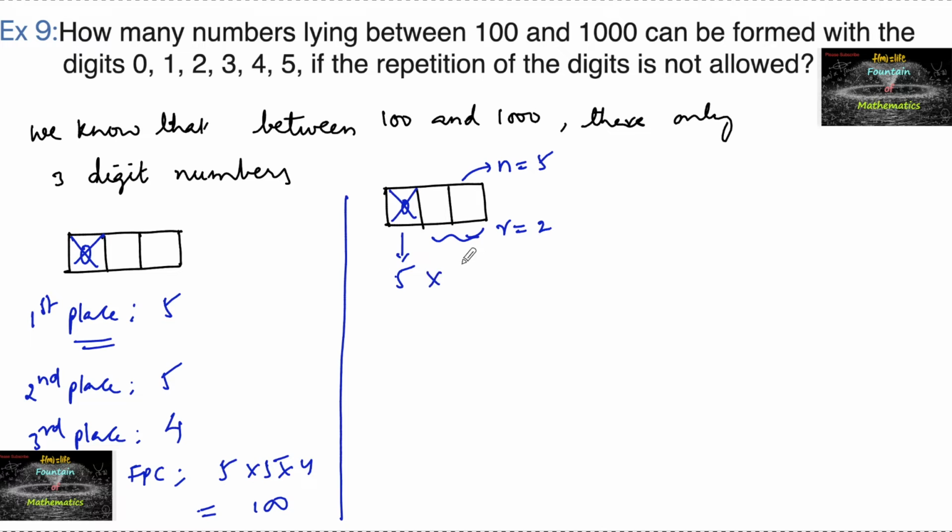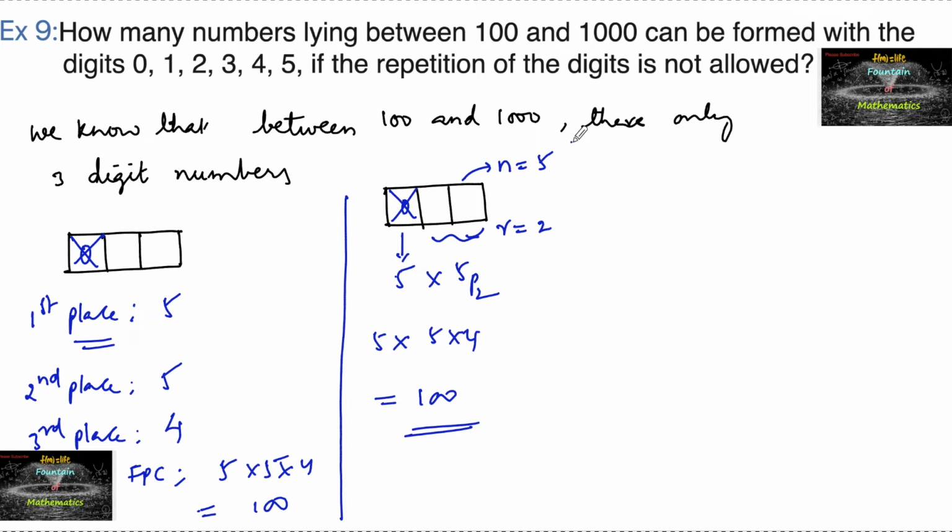So after placing the first non-zero digit, by the multiplication principle we have 5 into 5P2. That is 5 into 5 into 4, since n minus r plus 1 is 5 minus 2 plus 1, that is 4, which gives 100.